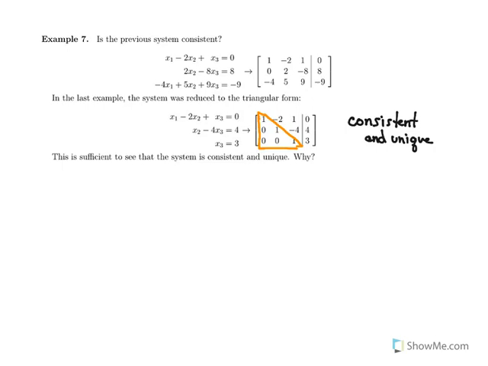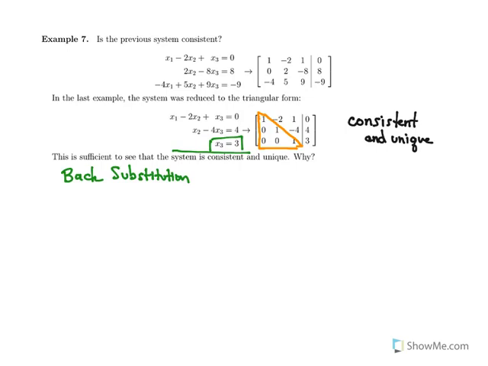And let's look at why that's the case. The reason is something called back substitution. We have our three equations here, and we can start with the nice, easy equation, x3 equals 3.